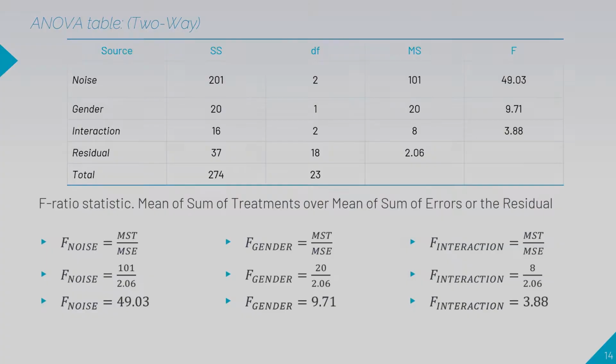Now we can compute our F ratio statistic. It is the mean sum of treatments over the mean sum of errors or the residual. So this is our denominator. As you notice, it has the same denominator, 2.06.